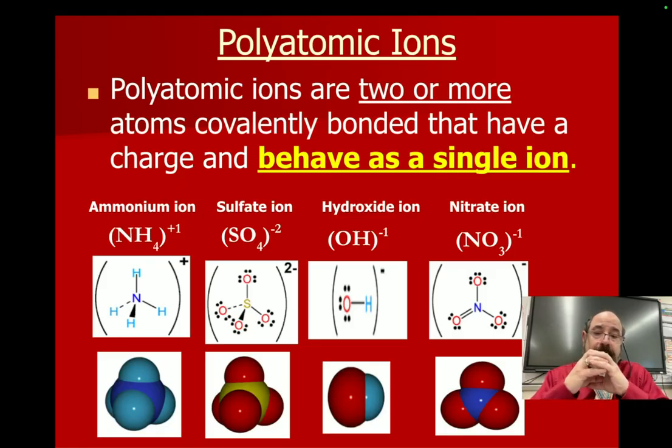So ammonium. So it's NH4. And use parentheses to let you know it's a polyatomic ion that stays together. So what happens in the parentheses stays together. And they behave as a single ion. So they stay together. So sulfate, hydroxide, nitrate. See, they're all together, and they all behave as one unit for now.